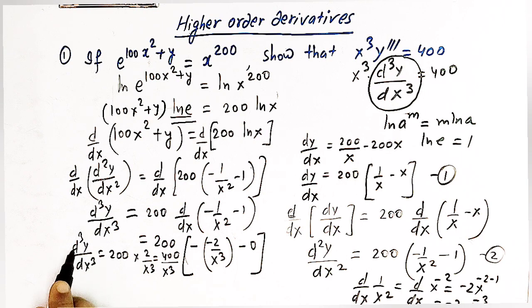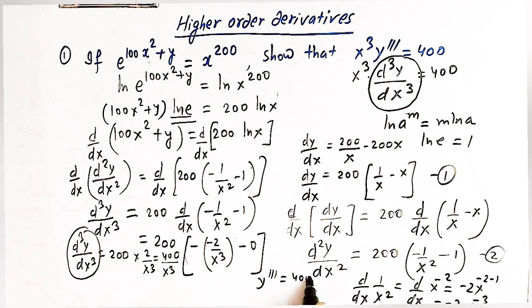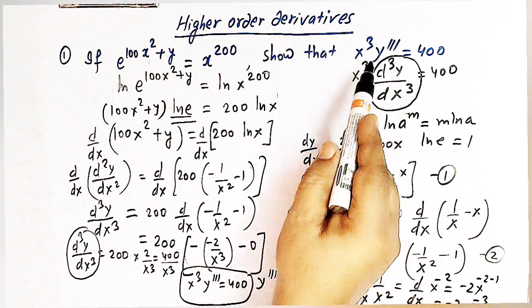The notation for the third derivative is y triple prime, and here we have 400 over x cube. Now multiplying both sides by x cube, we have x cube times y triple prime is equal to 400, and this is the result which we have to prove.